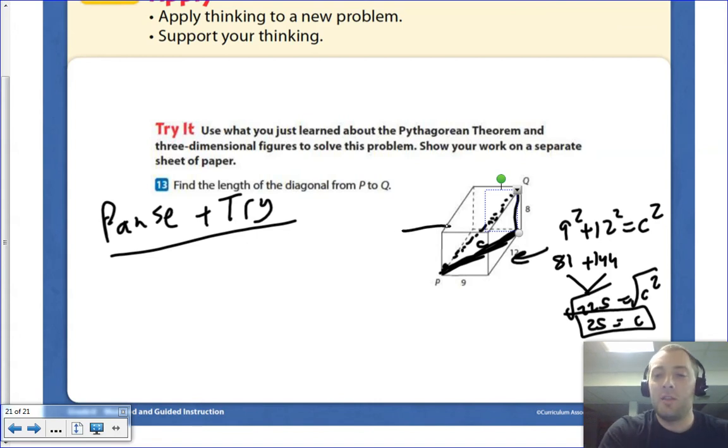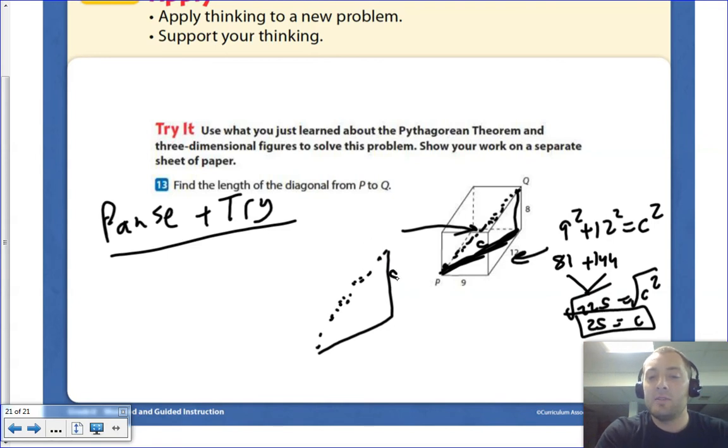We're trying to find this length, this dotted line. But now we know, and I'm going to pull this triangle out, I have this c, and then the dotted line goes across like this. We're trying to find the dotted line. But we have this as 8, and we found this c, which is 15.